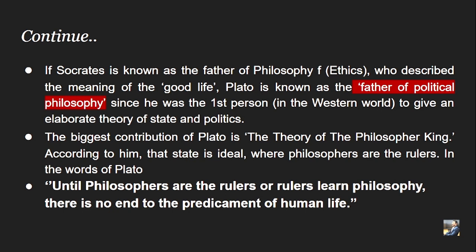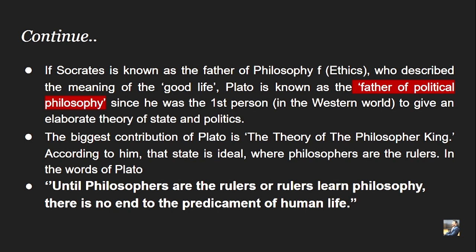The biggest contribution of Plato is the theory of the philosopher king, that Athens, a city state, must be ruled by a philosopher king who can take the city state to an ideal or perfect state. According to him, the state is ideal where philosophers are the rulers.